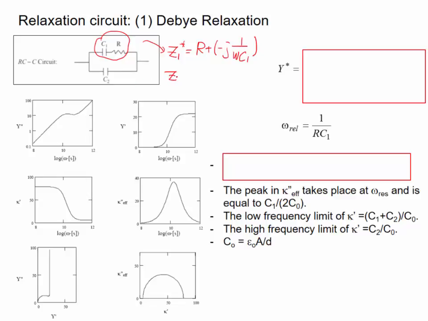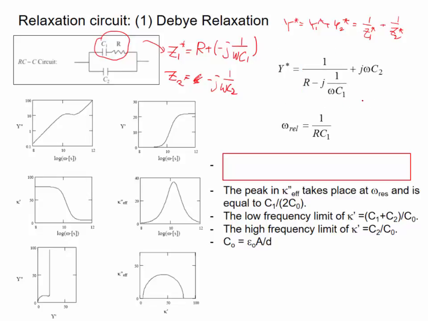And C2 is just the C2, right? So that's going to be minus j 1 over omega C2. And because these two are in parallel, Y star will be Y1 star plus Y2 star, that's 1 over Z1 star plus 1 over Z2 star, so you'll end up with this equation.